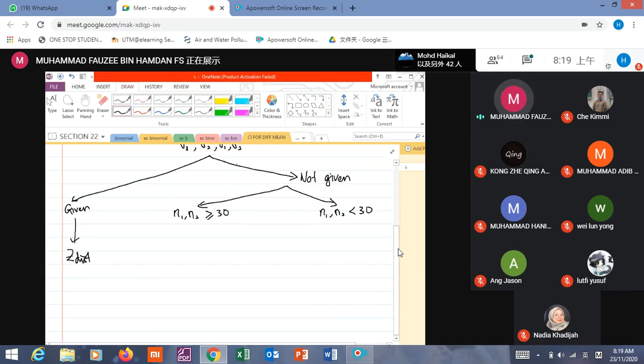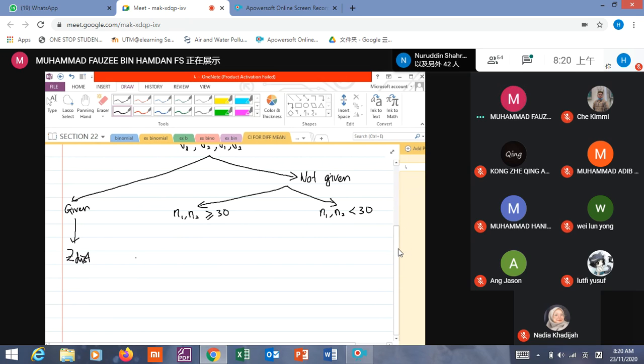We need to compare N1 and N2 in the same category. In practice, we never compare the case where the first sample N1 is greater than 30 and the other sample N2 is less than 30. We never do that.